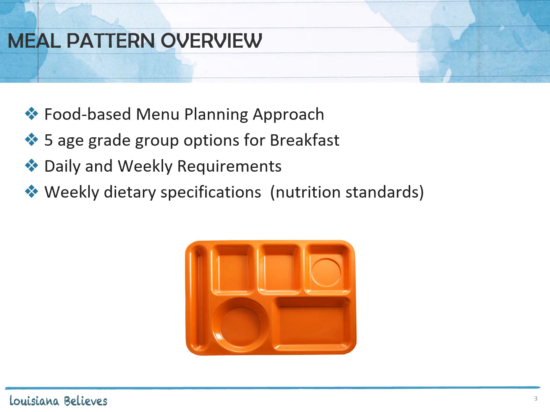There are daily and weekly serving requirements for each food component in the meal pattern. There are also daily and weekly dietary specifications for calories, saturated fat, and sodium. In addition, all foods must contain 0 grams of trans fat.